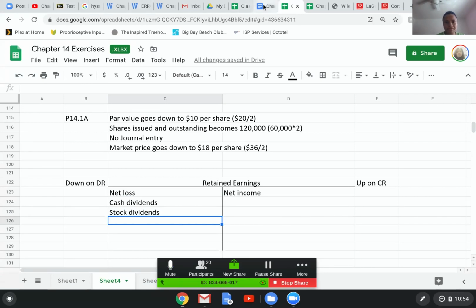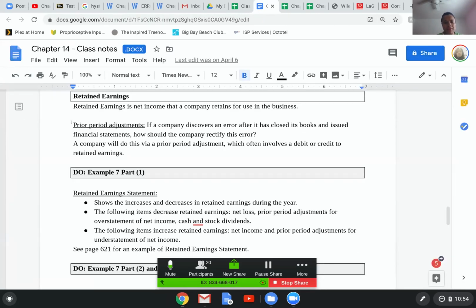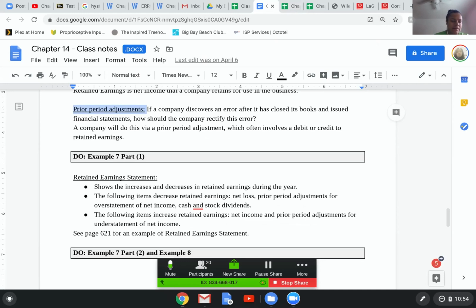All right. And then we come to this error business, like if there was an error in net income in a prior year. So that's what I was talking about the last time, right? We call it prior period adjustments. So basically what happens if we're sitting in 2020 and we suddenly realize that there was actually an error in net income in 2019, and for whatever reason, either revenue or expense errors caused an error in net income.